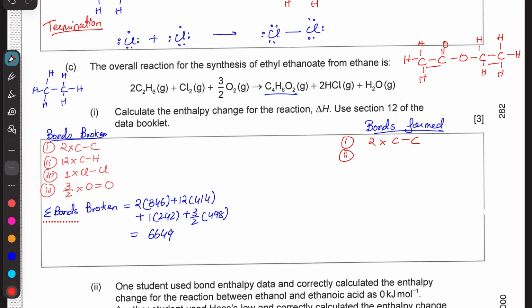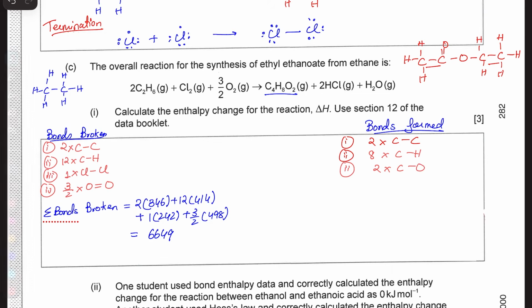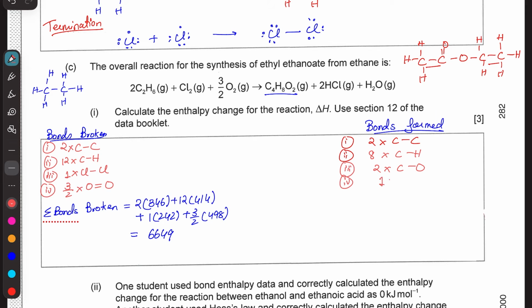Second, you have eight CH bonds. And then you have two C single bond O. So this is C single bond O, this is C single bond O. Then you have one C double bond O, this one basically. Other than this, you have two HCl molecules, so 2 times HCl. And then you have H2O, so 2 times OH.